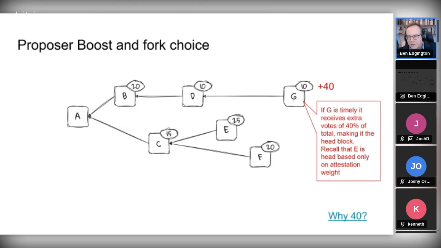How it changes things is that block G, which is the most recent block, you know, time goes from left to right here, if I received it in a timely way, then when I run the fork choice, it gets another 40 votes, 40% of the total attesting weight in the slot added to it, which in this case would make, when we run our LMD Ghost fork choice, G the head of the chain rather than E, which was previously based on attestation weight only. So if we include proposer boost weight, because G was timely, it gets an extra 40 points, and that makes it the head of the chain, and that's the one I'm going to build on next.